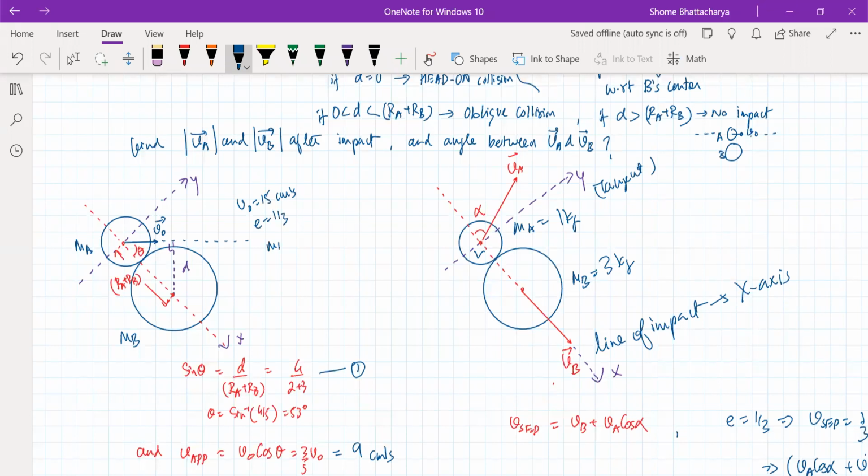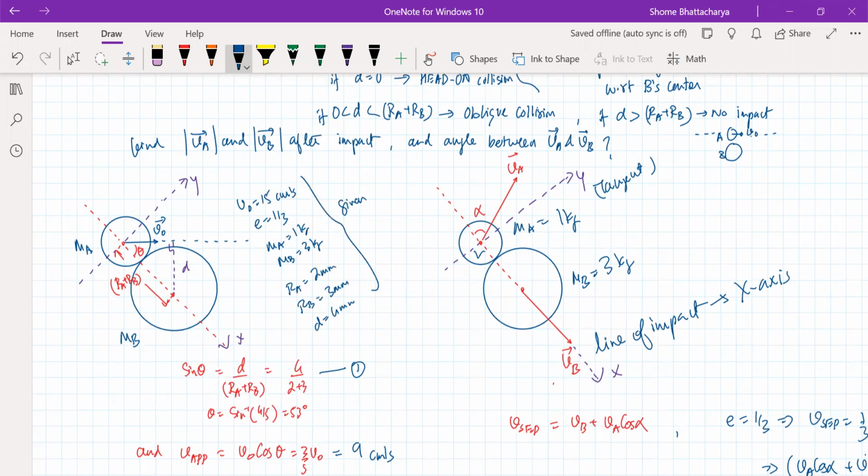And masses were 1 kg and 3 kg. Okay. And this additional information that RA is 2 millimeters, RB is 3 millimeters, and the impact parameter is 4 millimeters. So all this information is given. So we're making use of that.